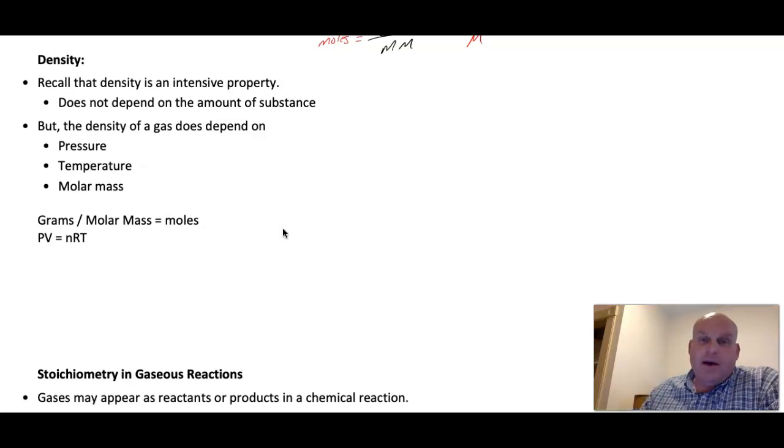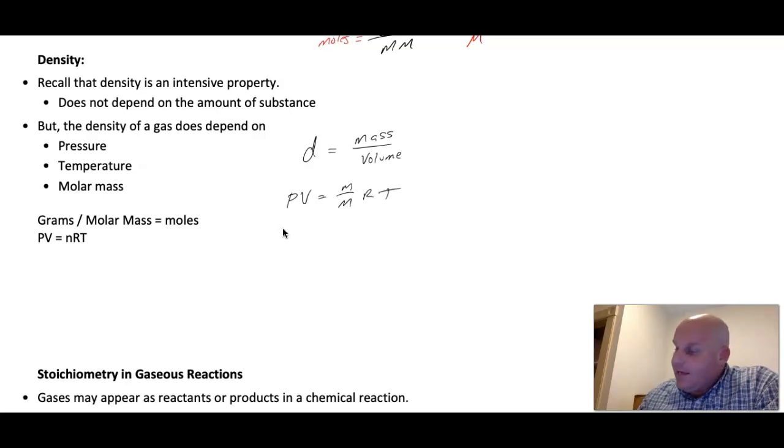Based on what we just talked about with regards to molar mass, if we think about the formula for density, which is mass divided by volume, along with this concept that we just looked at with regards to molar mass and the ideal gas law, if I put those concepts together and rearrange, I'm able to come up with a formula for calculating density of a gas.